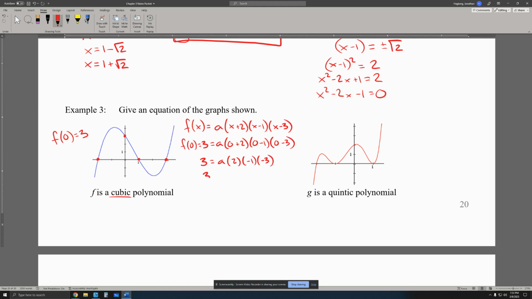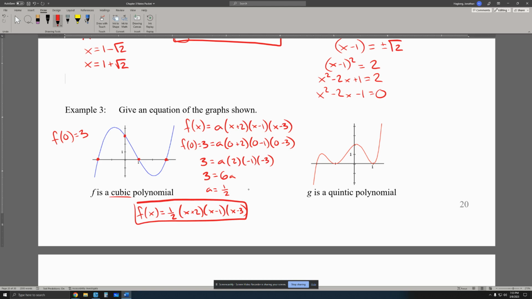And so then we get 3 is equal to, this would be 6a. So then a is equal to 1/2, 3 divided by 6. So then the equation for this polynomial is f of x equals 1/2 the quantity x plus 2 times the quantity x minus 1 times the quantity x minus 3. And so this is the equation for this polynomial.